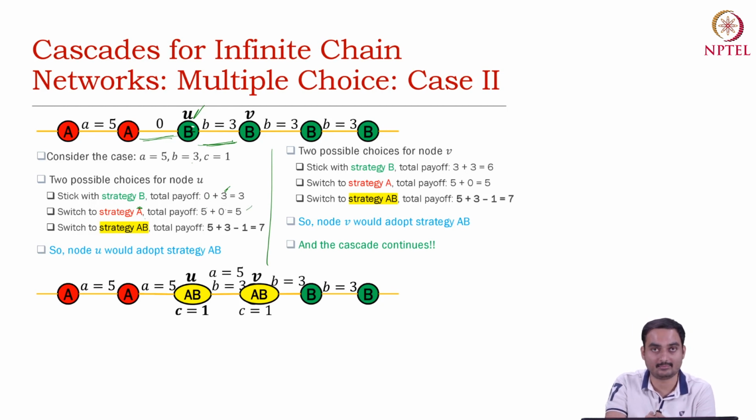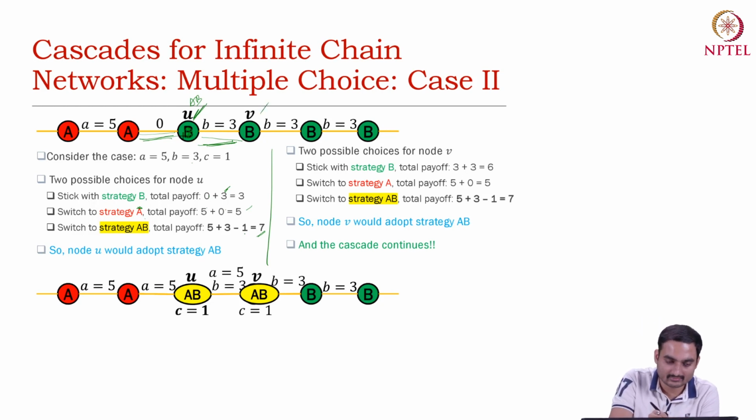If U chooses AB, due to these interactions it will get 5, due to this interaction it will get 3 and cost is 1, so total is 7. Okay, so you will adopt AB, the same as earlier, with different payoffs, but that's fine. You will adopt AB.